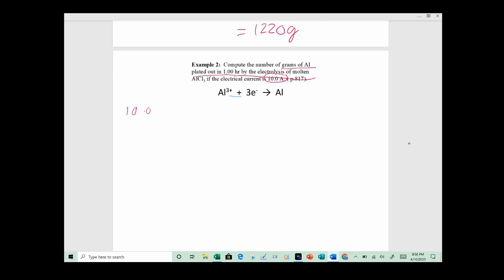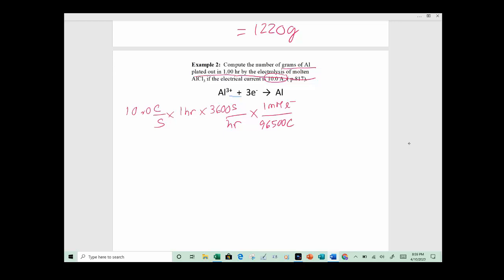We have 10 coulombs per second going through the cell for 1 hour, and we have 3,600 seconds in an hour. That tells us the total number of coulombs going into the cell. We multiply then by 1 mole of electrons per 96,500 coulombs. That'll cancel out the coulombs and tell us the number of moles of electrons.